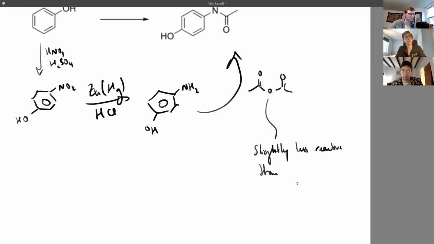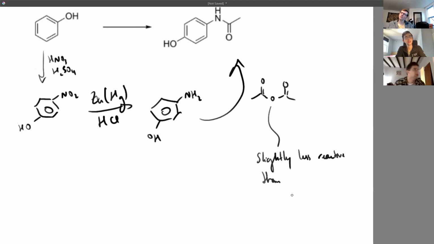TBAF wouldn't mess with the other group, would it? I don't think so. Right? I'm pretty sure it's extremely selective for alcohols and TIPS. I think TIPS chloride only interacts with alcohols and TBAF only interacts with TIPS. Okay, sweet.